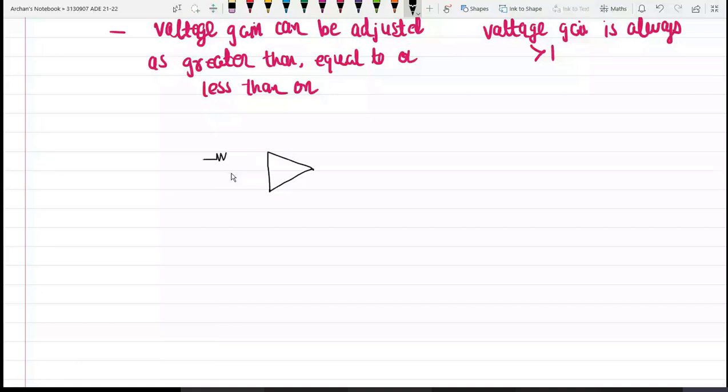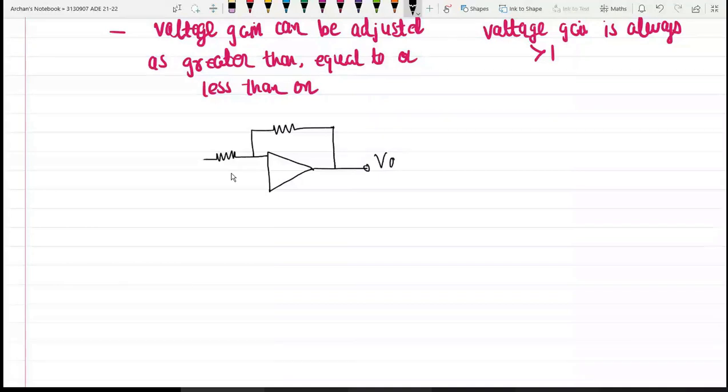Say this is R1, this is my feedback resistance over here, and we are measuring output voltage, right? This terminal is grounded. Now what I am doing, see, I am providing the supply voltage to the inverting amplifier like this.